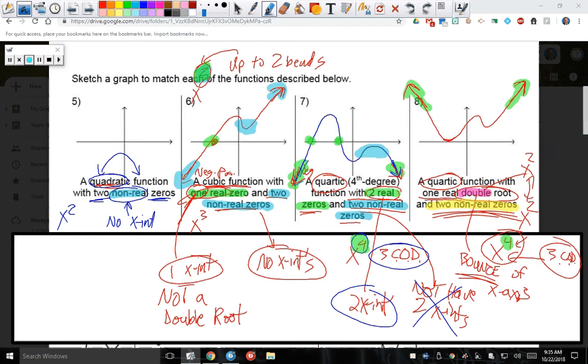Let me highlight these as we go. 3 changes of direction shown here, here, and here. 1 double root is shown right here because it bounced. And then finally, these 2 non-real could be interpreted as being somewhere here. And those are just some examples, and yours can vary a little bit depending upon how the stipulations are satisfied, but those are some examples of how these 4 could work.